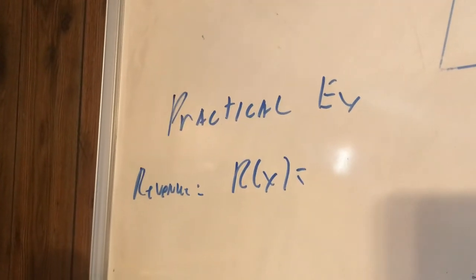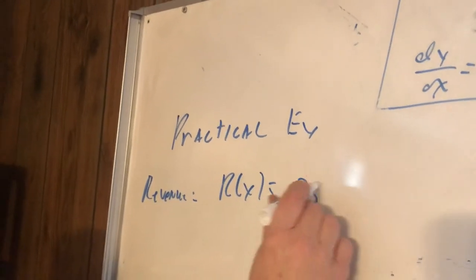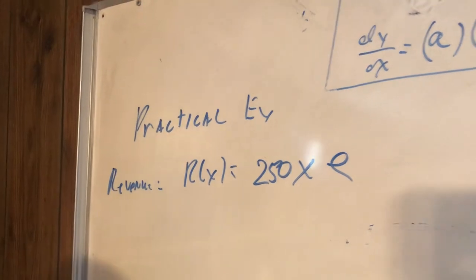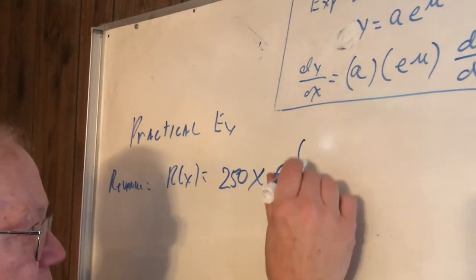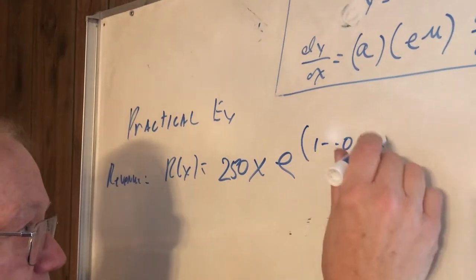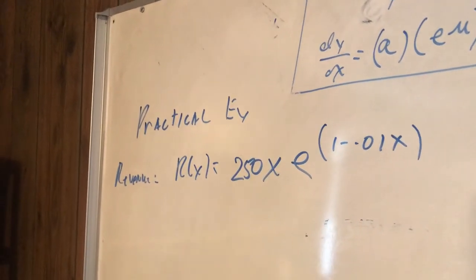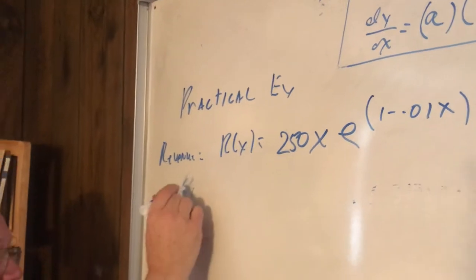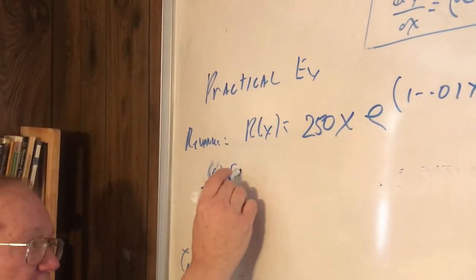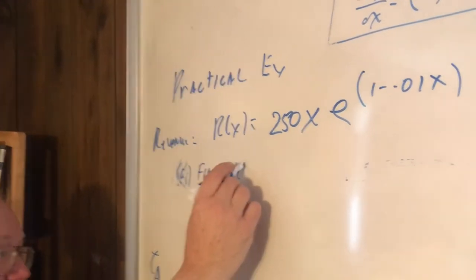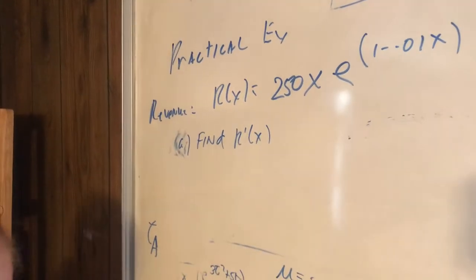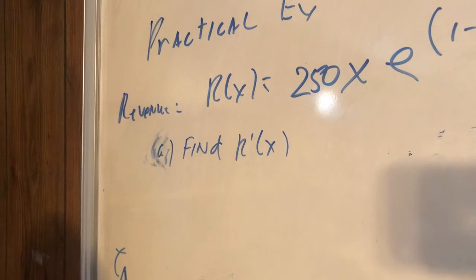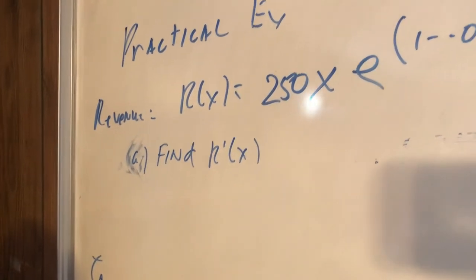The revenue equals 250 times x times the exponent of 1 minus 0.01x. And I want to find the derivative.